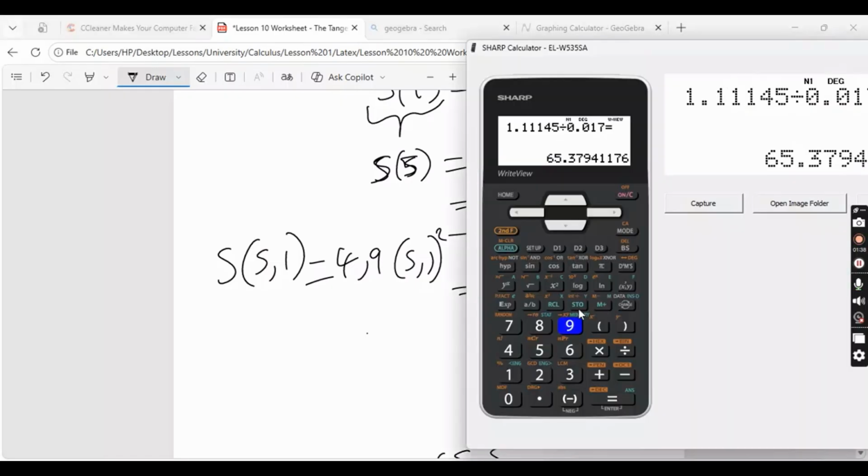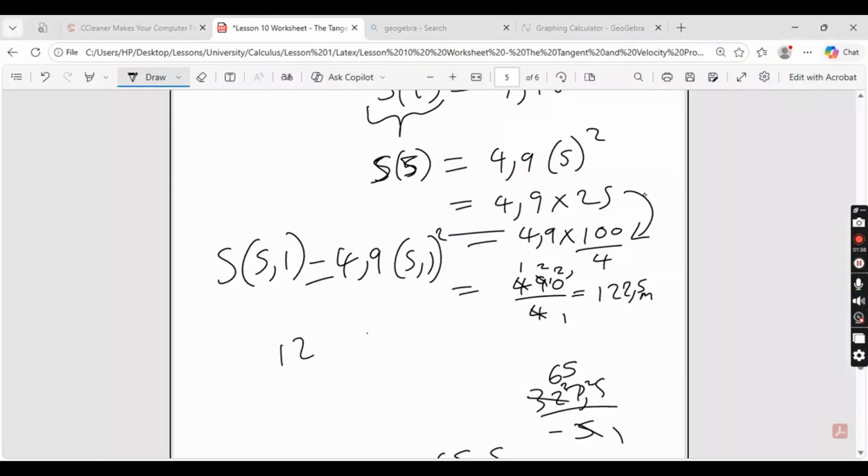5.1 squared times 4.9, what do we get? 127.449.